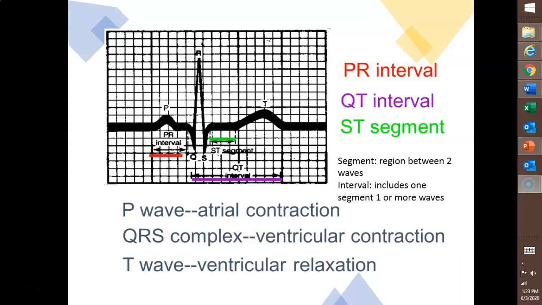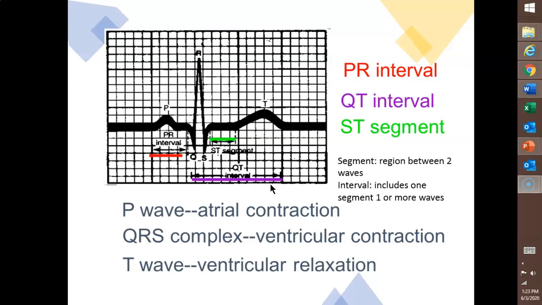An interval includes one segment and one or more waves. So if you look here, you've got the QT interval. So it includes the QRS complex, the ST segment, and the T wave.